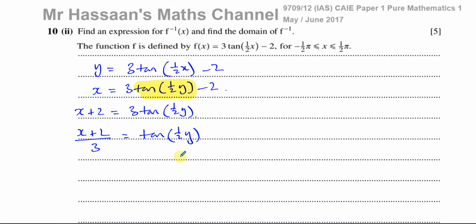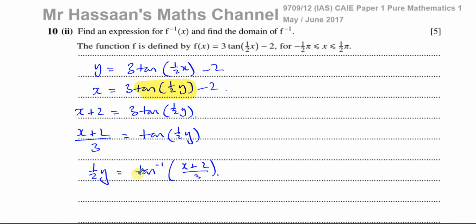And now what I can do is take the inverse tan of both sides of the equation. I need to get this y as a subject. It's trapped inside the tan function. So I'm going to take the inverse tan of both sides. That will cancel the tan on this side. You're left with a half y, and this side will be inverse tan. So I'll be left with a half y is equal to the inverse tan of x plus 2 over 3.